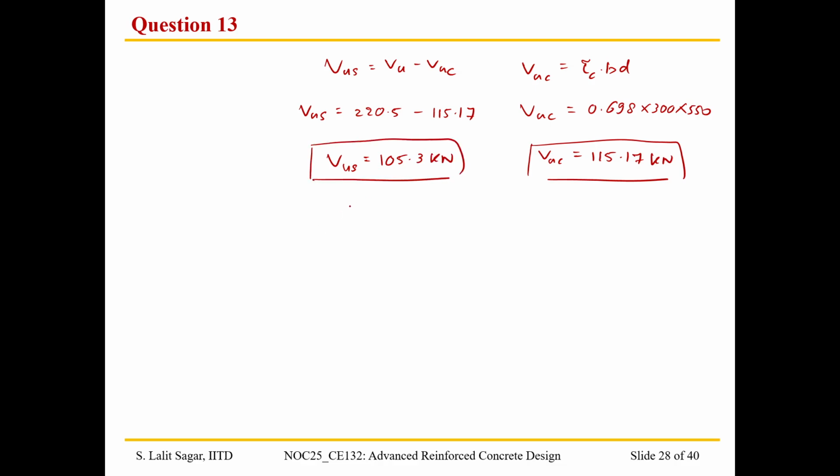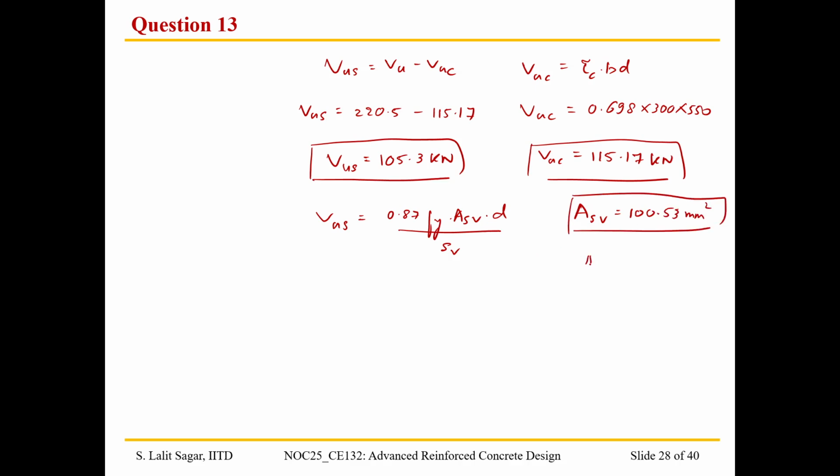So VUS is 105.3, and we know that VUS is 0.87 Fy into ASV into d divided by SV. ASV over here is 100.53. Again, sorry for that mistake in the previous question. When we consider 8 mm bars, that is pi by 4 into 8 square into 2, we get the value of 100.53.